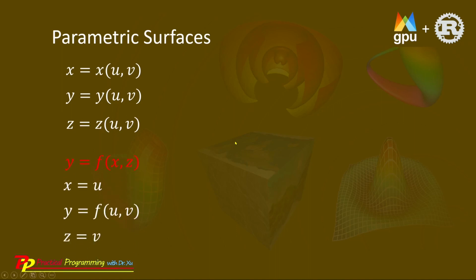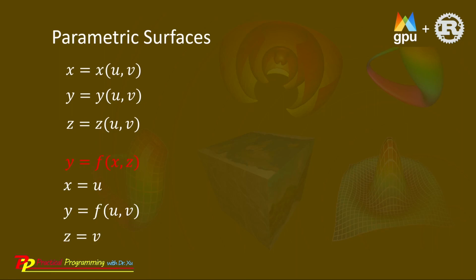Here we can easily convert a simple surface into a parametric surface using this formula. Suppose we originally have y equals f(x,z). This is a simple 3D surface. If we set x equal to u and z equal to v, then y will equal f(u,v). This way we can convert a simple 3D surface into a parametric 3D surface using these formulas.